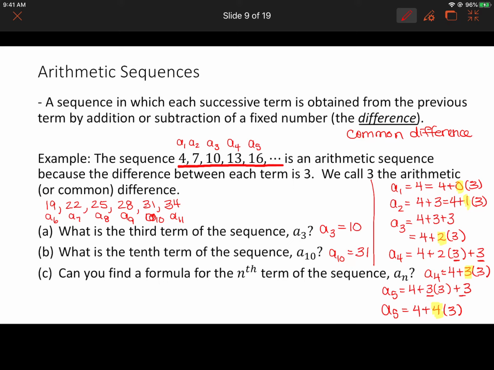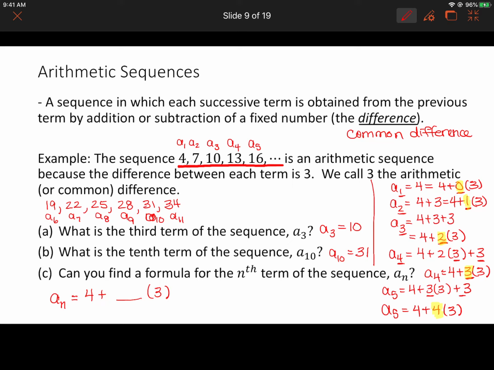And so in general, what do I have? Well, I have A n is going to be 4 plus something times 3. And the question is, what's that something? Well, if I compare my n to that something in each of these cases, what's the pattern that we see? Every time I look at my n, the something I'm multiplying by is 1 less than that n, right? I have 4 here, and I'm going to multiply 3 times 3 to get a 4.